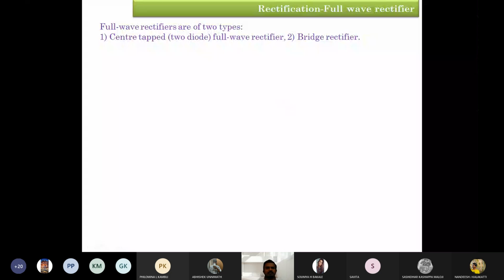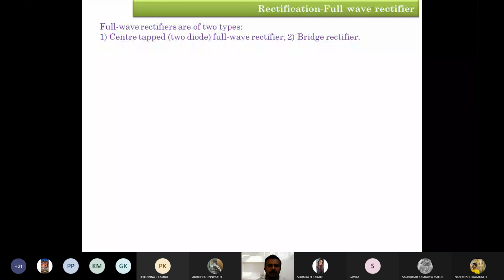So in the previous class, we had a discussion about the ripple factor and efficiency of the half-wave rectifier. The half-wave rectifier rectifies the negative cycle or positive cycle based on the diode connection in the circuit, and we get rectified outputs.